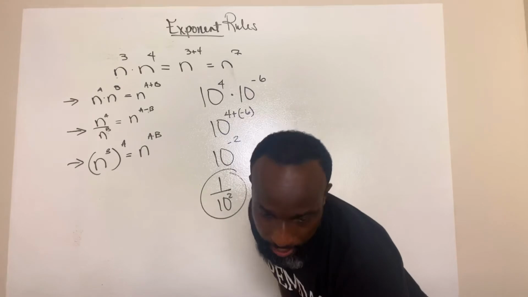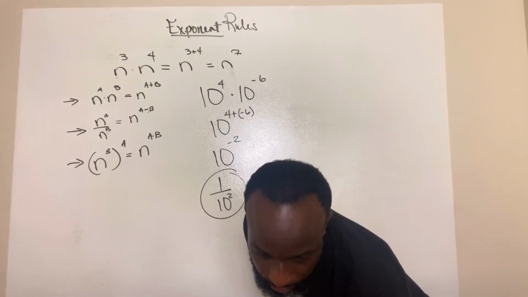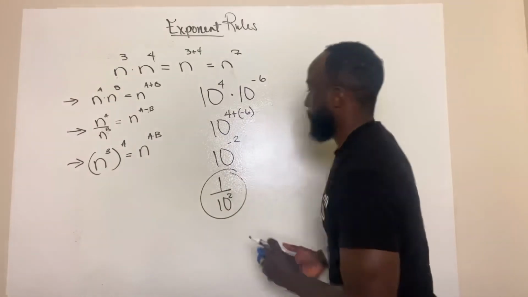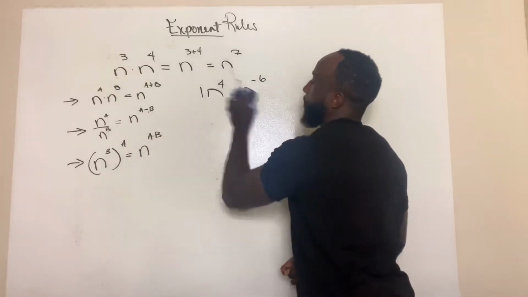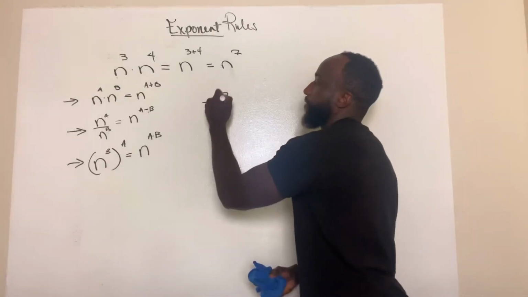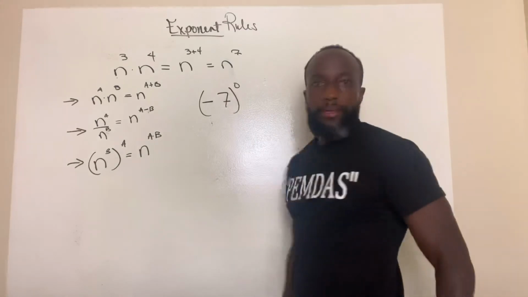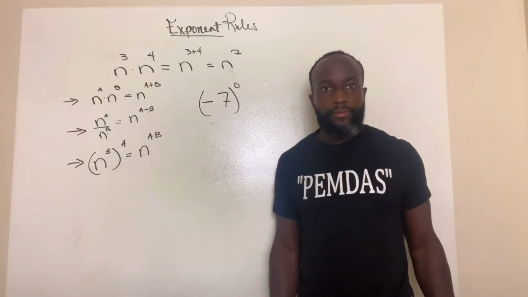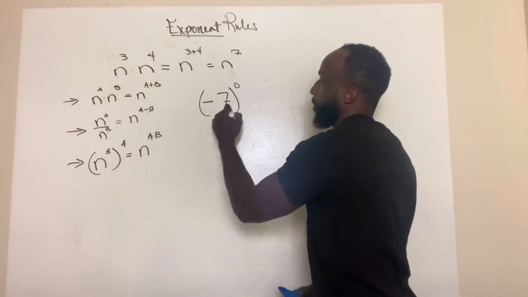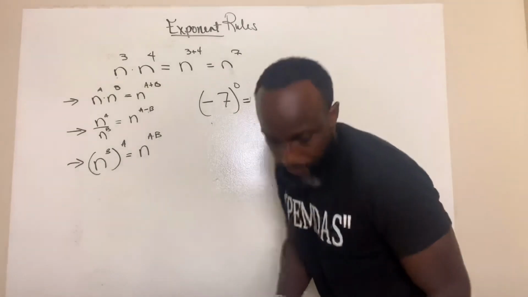Let's go a little bit further. All right. What about this one, guys? What if I had negative 7 to the 0 power? What's that? 1. Good. This simplifies to be 1.